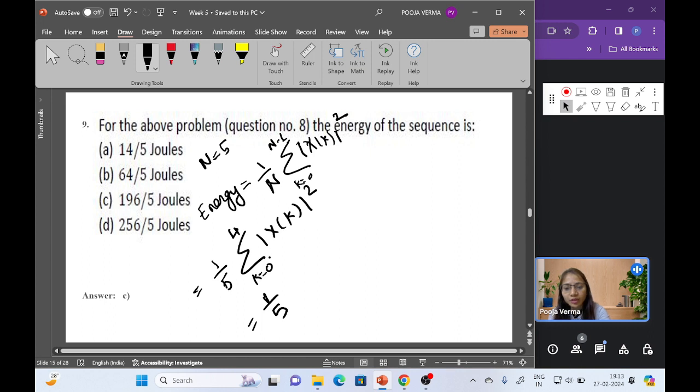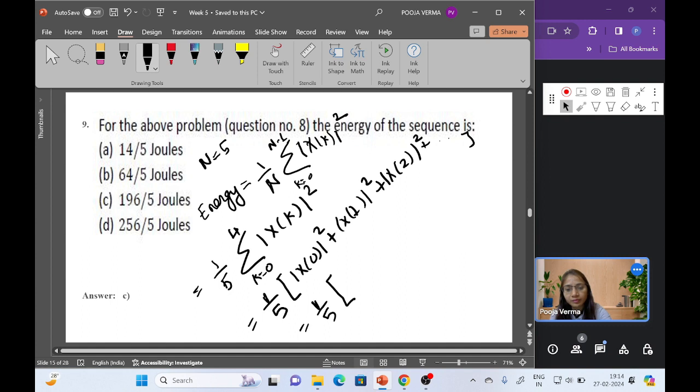So if we put k is equal to 0, mod x of 0 square plus mod x of 1 square plus mod x of 2 square plus so on, x of 3 plus x of 4. So 1 by 5. Just calculate this.